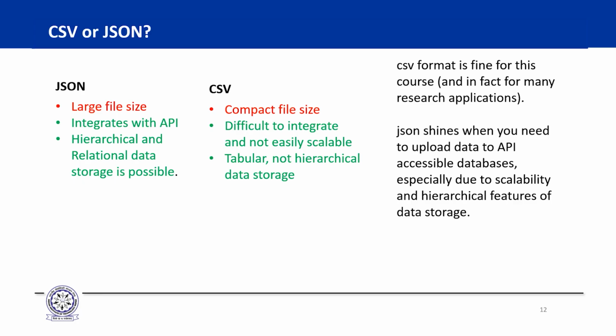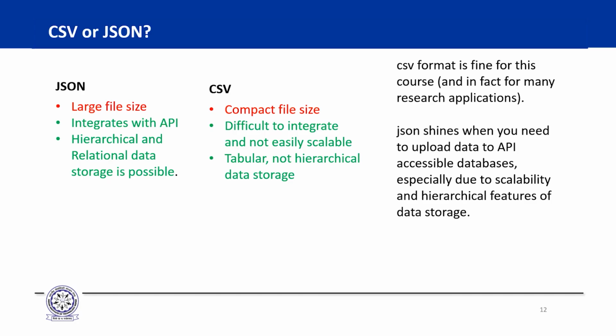In case of CSV, what you have is tabular data and not hierarchical data. The CSV has a different advantage in the sense that it's a much more compact file size, and of course, the issue with CSV is you cannot integrate it as easily as you can for the JSON databases, and they're not quite as scalable.